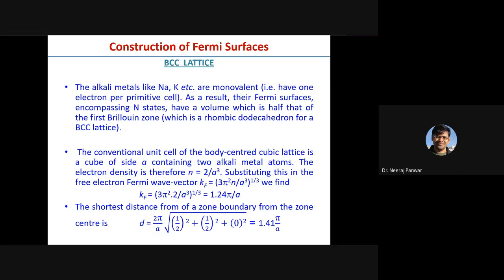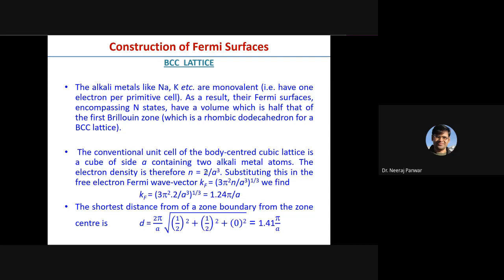So here we can write (3 pi square N over a cube) to the power 1/3.